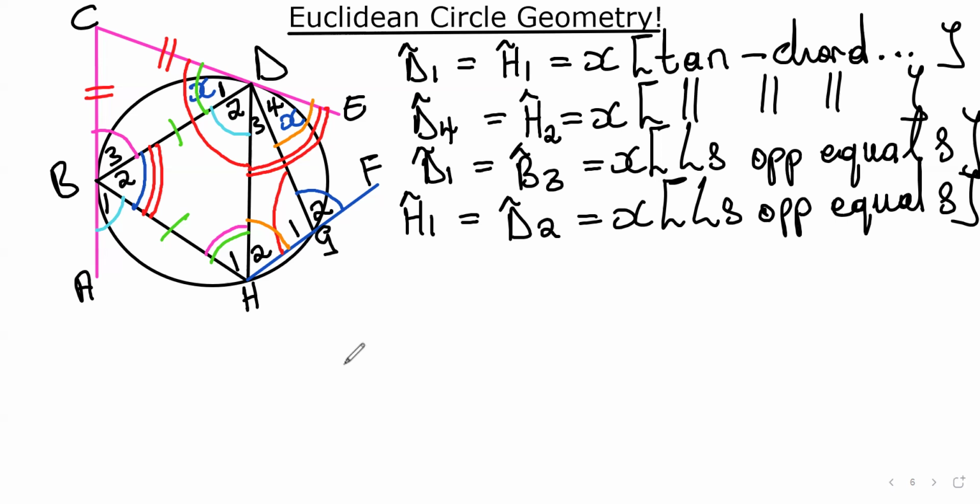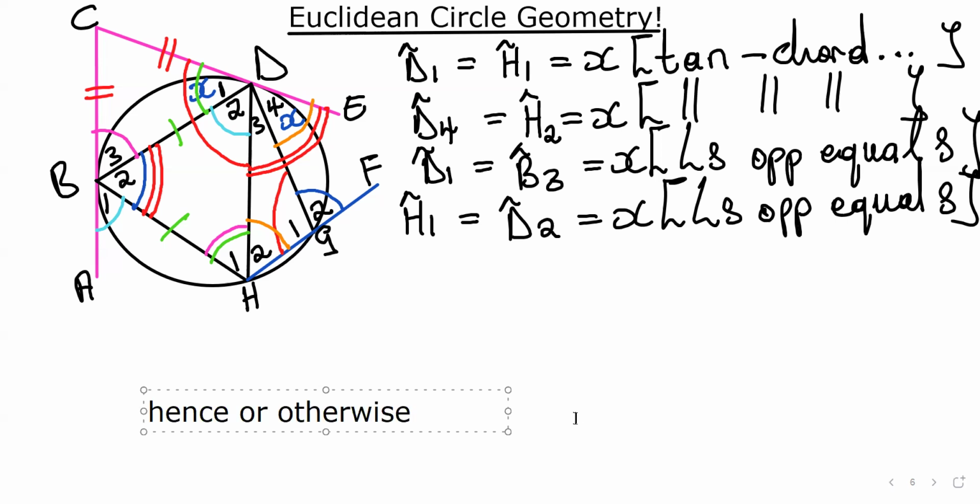Okay, fine. Then the next question says, hence or otherwise, prove that BD is parallel to HG.